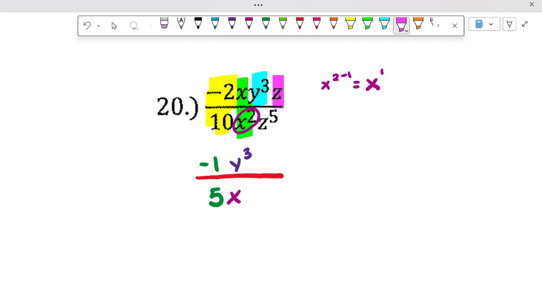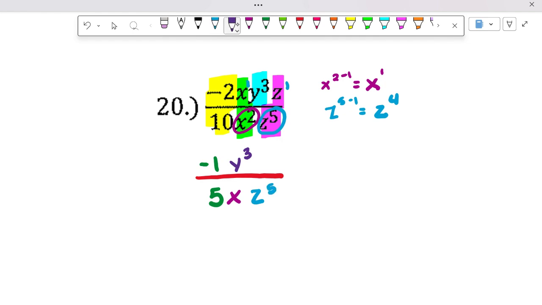And then finally the z's. So I have z to the 5 minus 1. So remember, both of these are 1s. What's 5 minus 1? 4. So I have z to the 4th. Where's that z to the 4th go? In the denominator, because that's where our bigger exponent was.